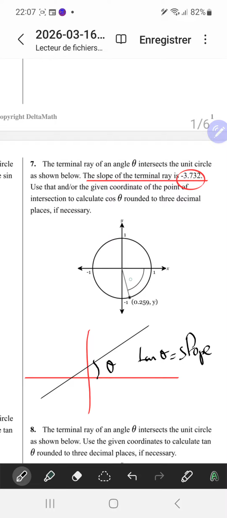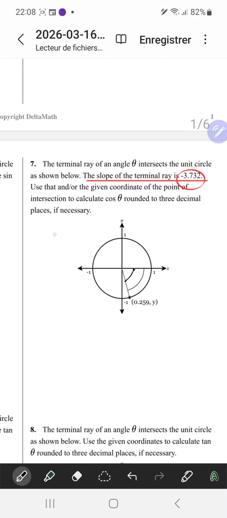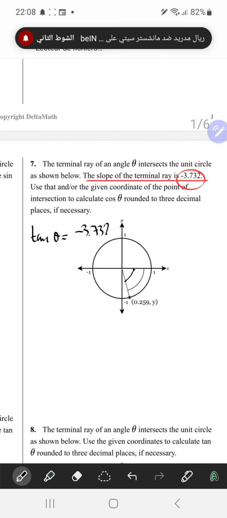So this is the tangent between x and y. So this angle, its tangent is this number. Okay, so here we have tangent of theta equal to minus 3.7.